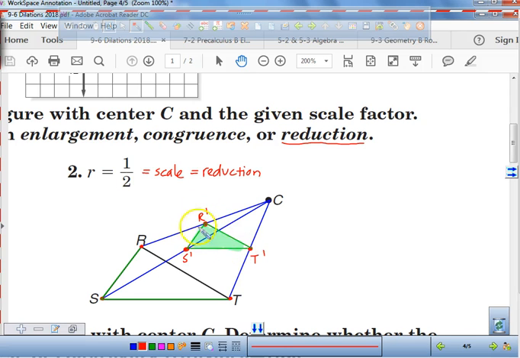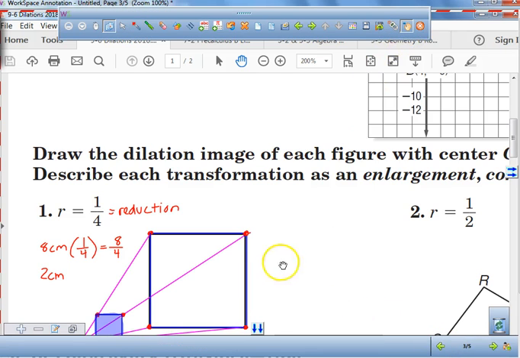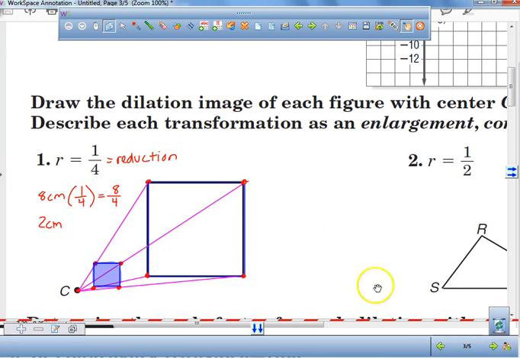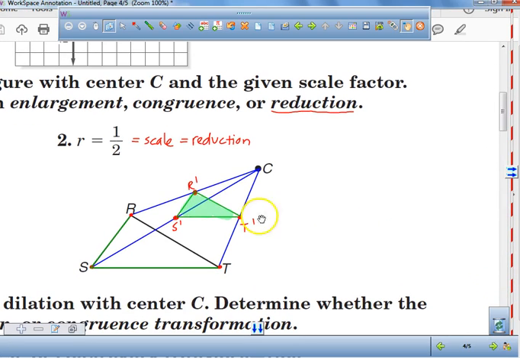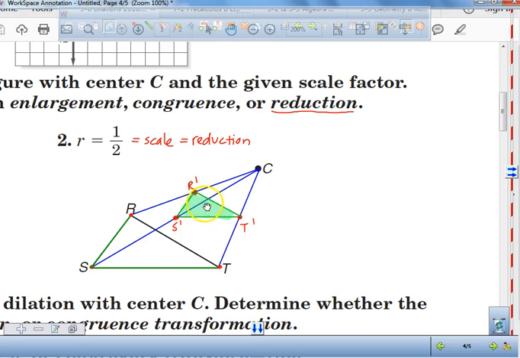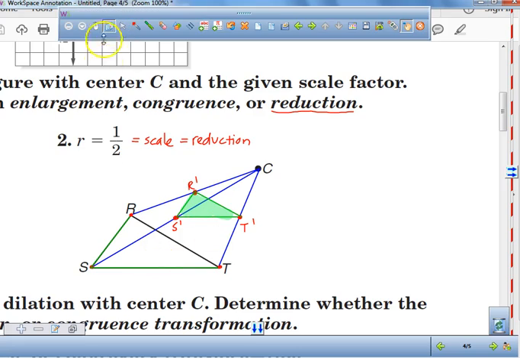That's T prime. So we have R prime, S prime, and T prime. Okay. And the other one, I forgot to do this. Oh, this one didn't have letters, so never mind. Okay. So there's R prime, S prime, and T prime. I like that. All right. All these sides are half of the original. The first one, everything was a quarter.